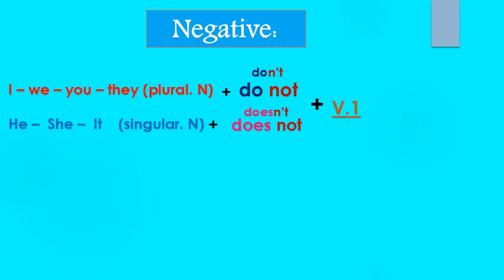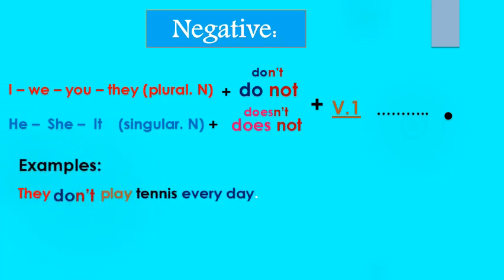Just verb 1. Okay guys, so in the question form and the negative form we just add verb 1, and we complete the sentence and we put the full stop.